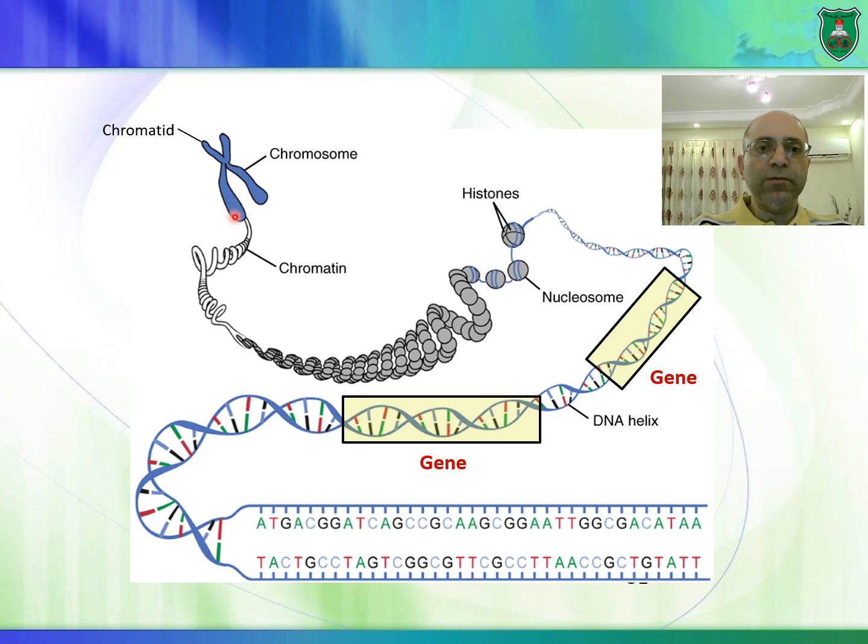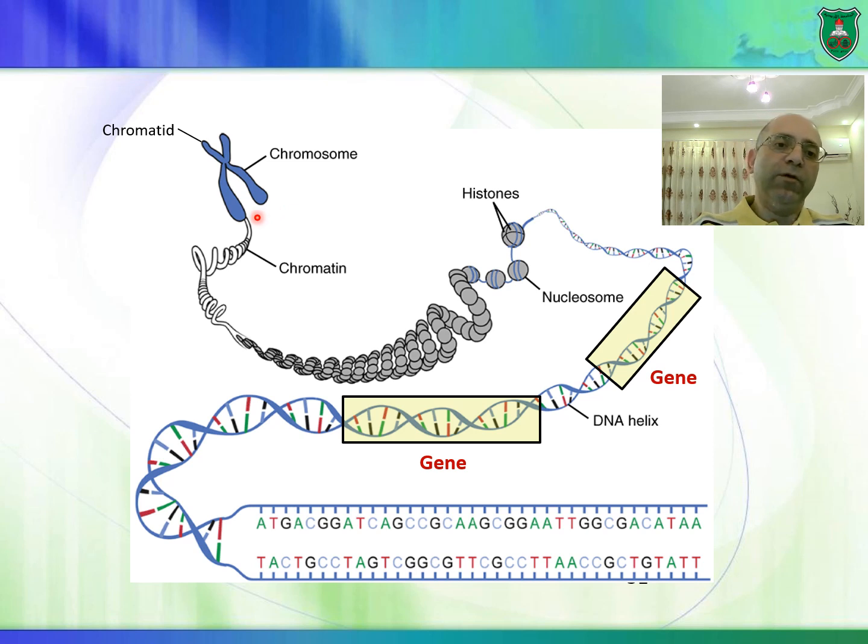So one arm is known as a chromatid, and you have another arm, specifically a sister chromatid. Whether it is just one chromatid or having a sister chromatid associated with it, it's known as a chromosome.